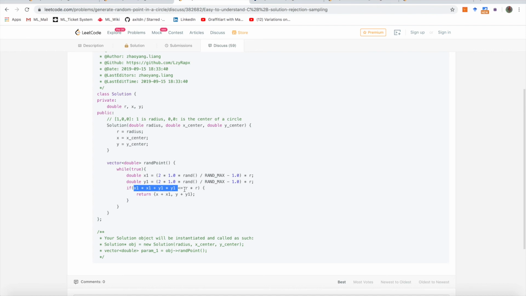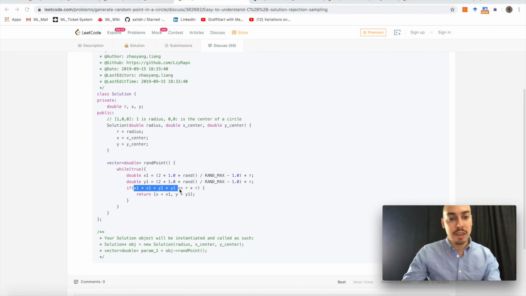If it's equal to the radius squared, then you're exactly on the circle. If it's smaller than the radius squared, then you're within the circle. Only in those two situations you will continue to go in here and actually return your pair of values. If that is not the case, you will continue to sample.